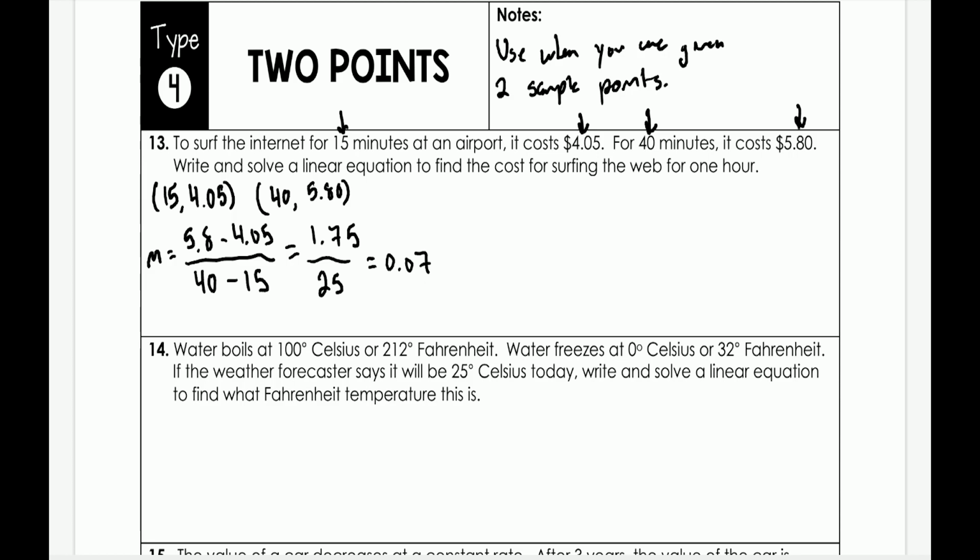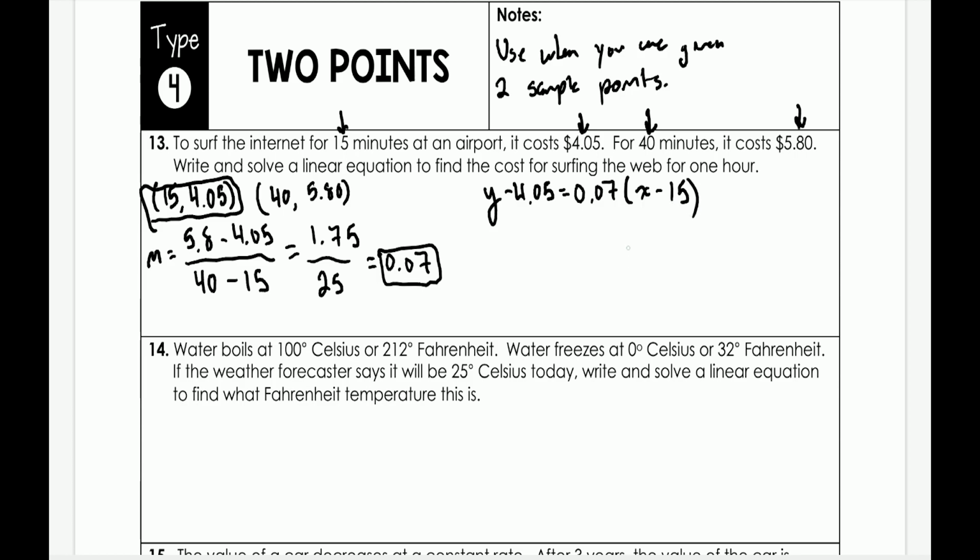Okay, let's use this to help us create an equation. So let's take this slope and let's use these data points to use the point slope form to give us the slope intercept form. So with this one, we have y minus 4.05 is equal to 0.07 times x minus 15.